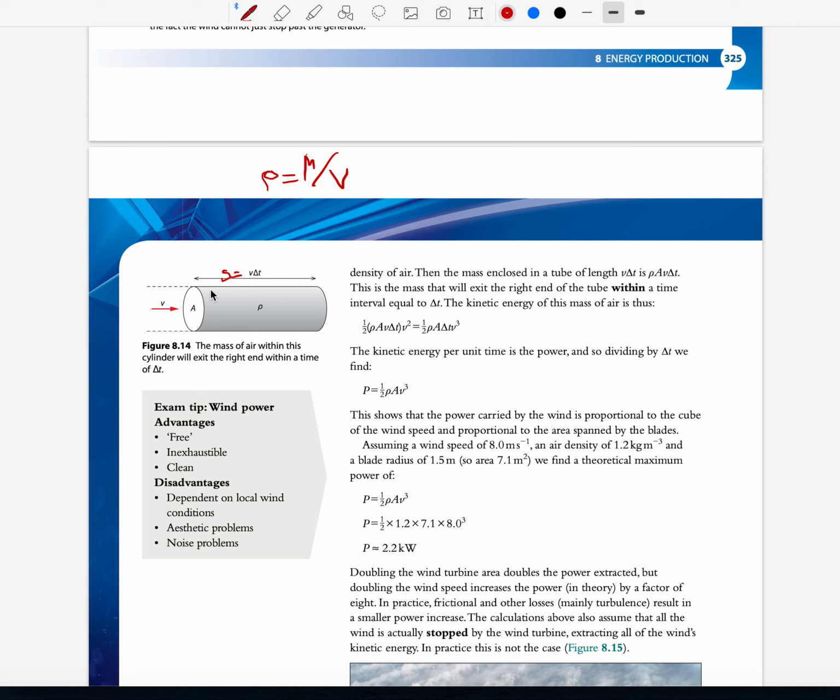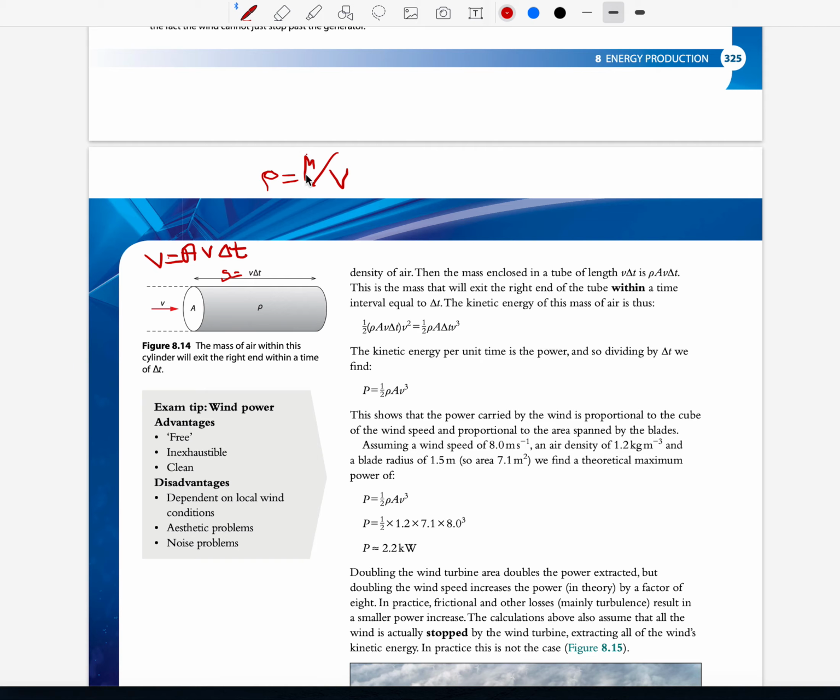So what is the volume of this cylinder? The volume of this cylinder is the cross-sectional area A times the distance s, which is v delta t. This is where it comes from.